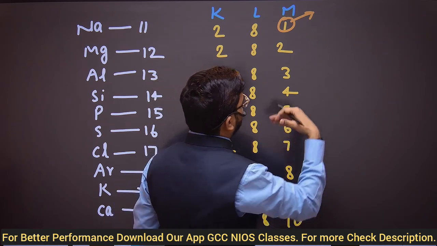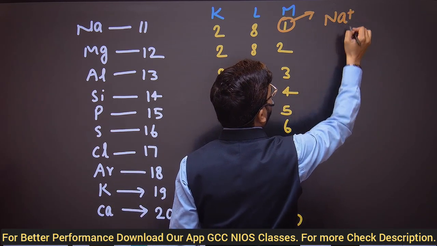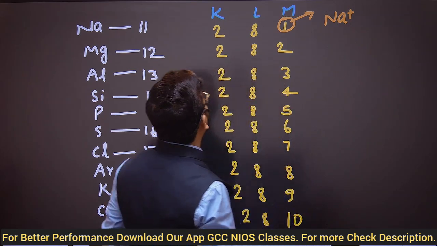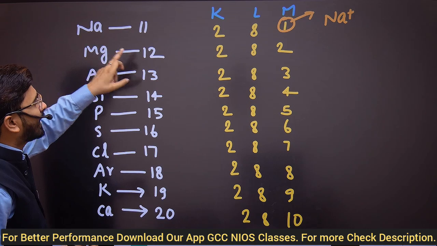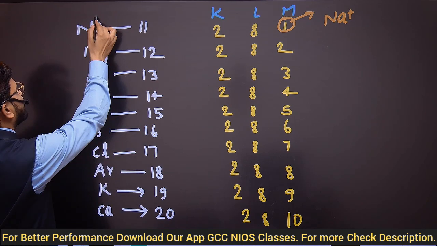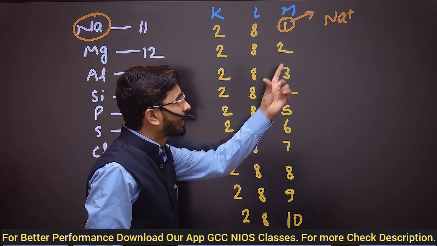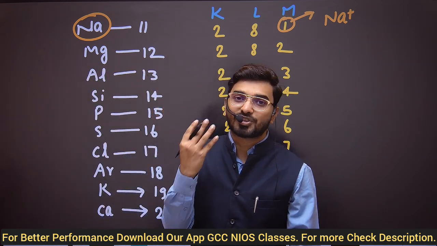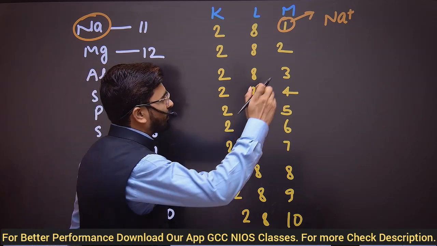After donating this single electron, sodium will make Na plus. That means Na plus and Na. What is the basic difference between Na and Na plus? Na is a neutral atom that contains 11 electrons, but Na plus is a positive ion, right? Now I ask you questions.